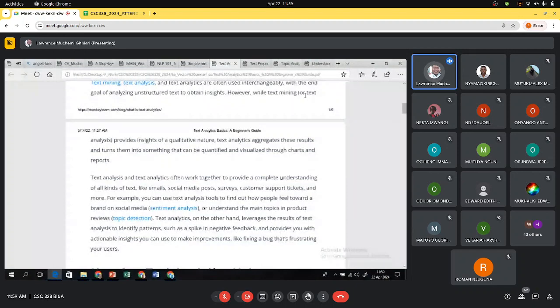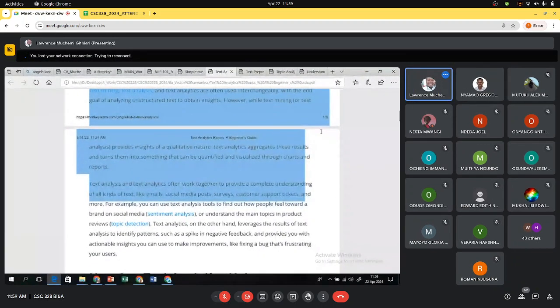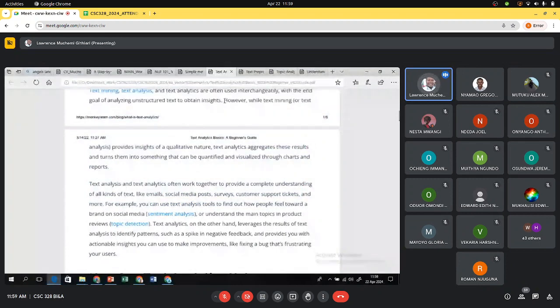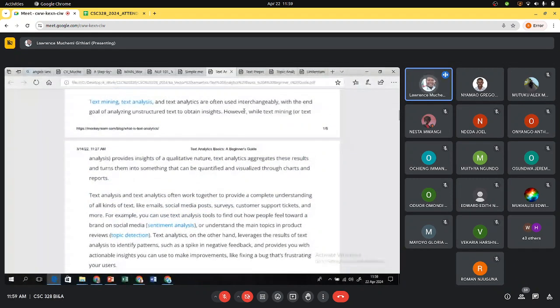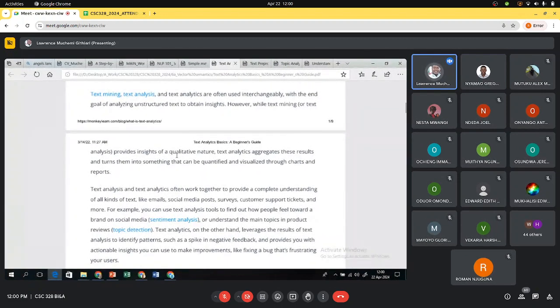So I'm reading this sentence. It's very important. It's saying that, however, while text mining or text analysis provides an insight into qualitative nature, text analytics aggregates these results and turns them into something that can be quantified and visualized through charts and reports.